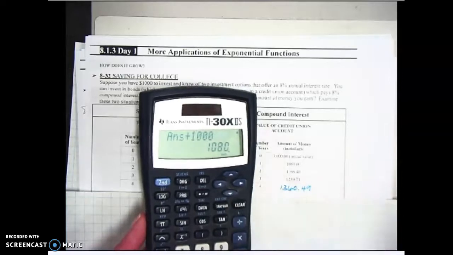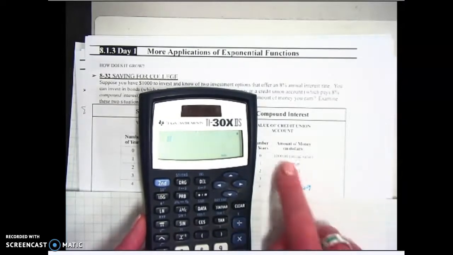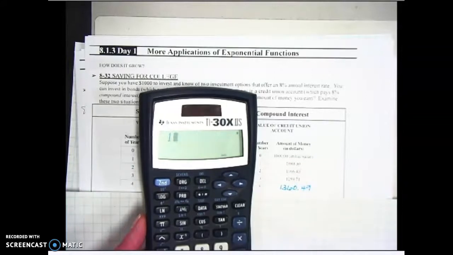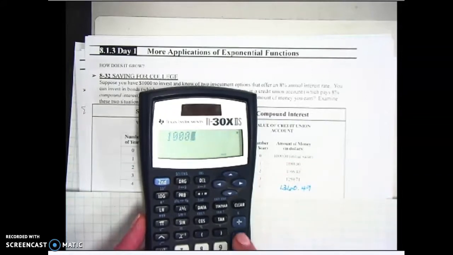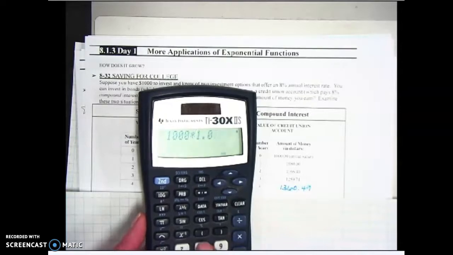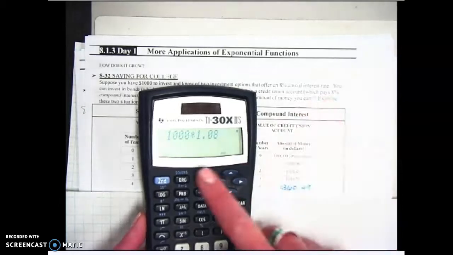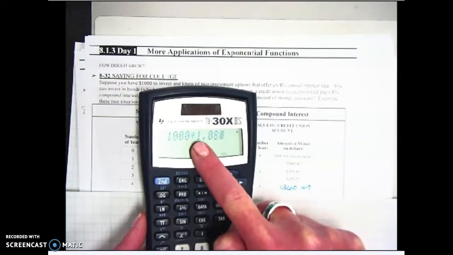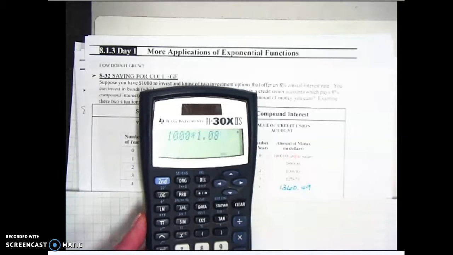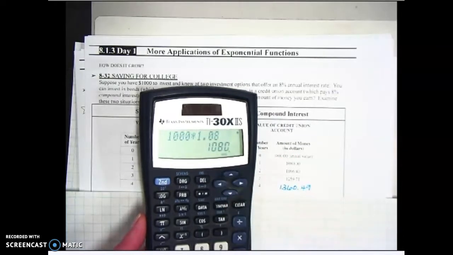So instead of having to do those two steps, you can take the $1,000 and multiply it by 1.08. The 0.08 is the 8%. What does the 1 represent? The $1,000 that's already there. And when you hit equals, it gives you $1,080. Okay, so you can do it in one step by multiplying by 1.08.